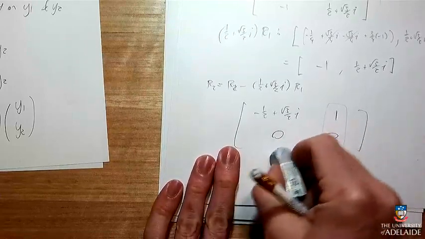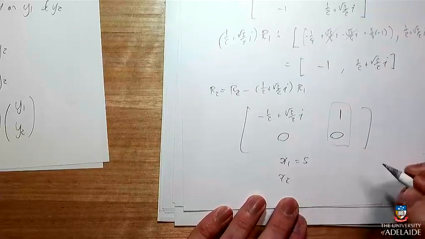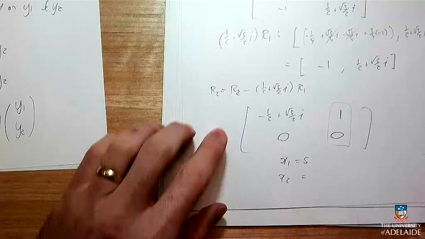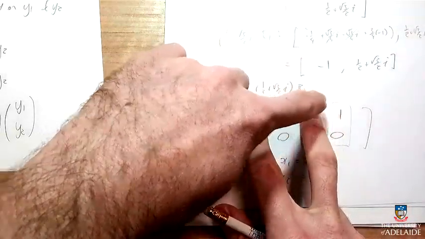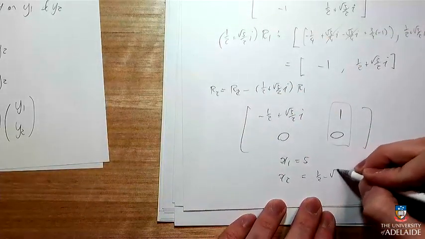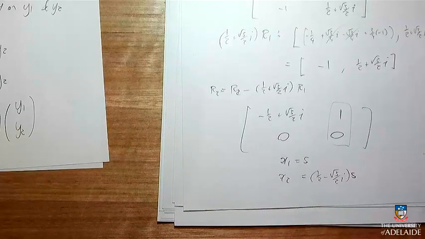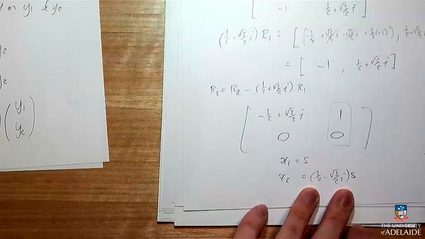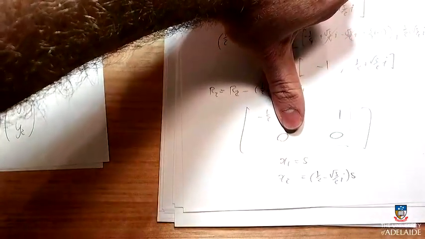Okay. So let's say that x1 is s, x2 will be, okay, so this times s plus x2 equals 0, so that's going to be like that. Beautiful. So you'll see that the pluses and minuses switch, but that always happens. If this had just been a minus a half, then it would have been x1 is s and x2 is a half s.